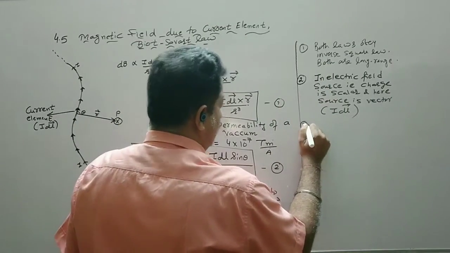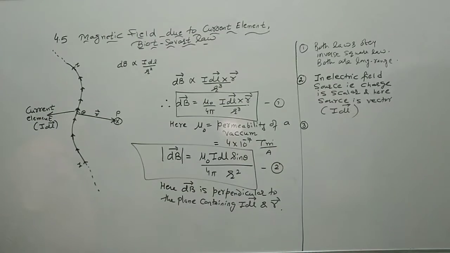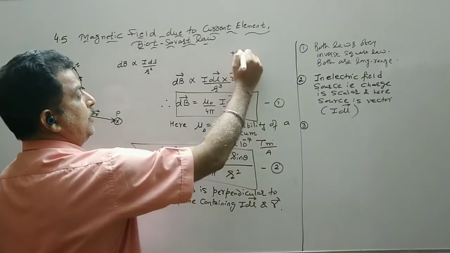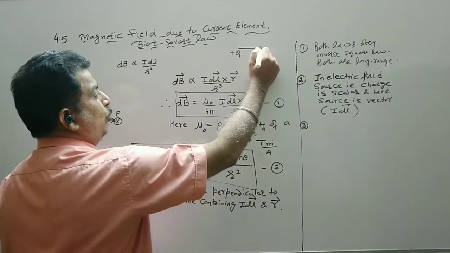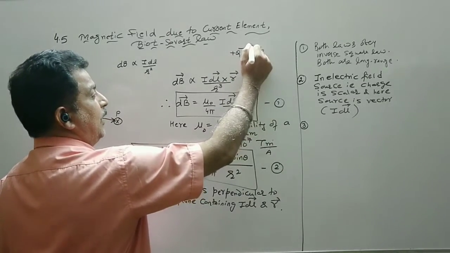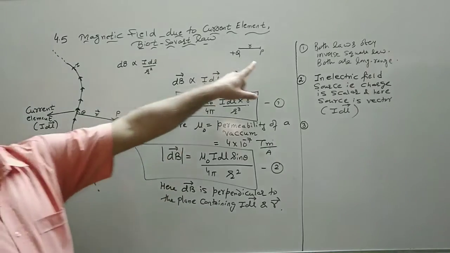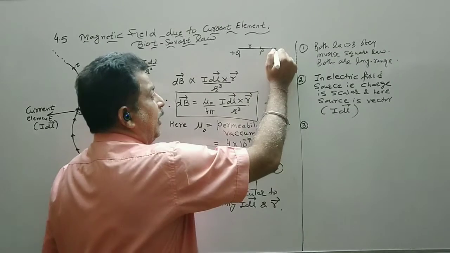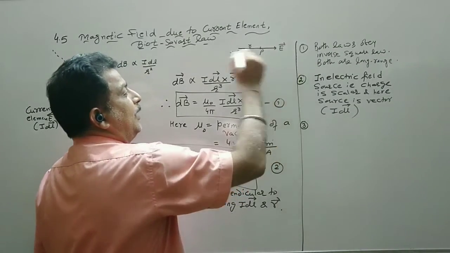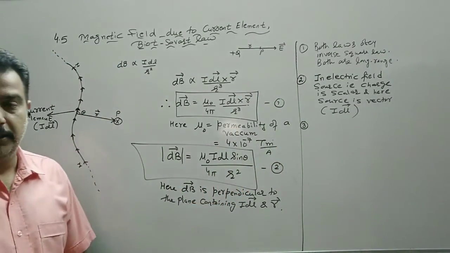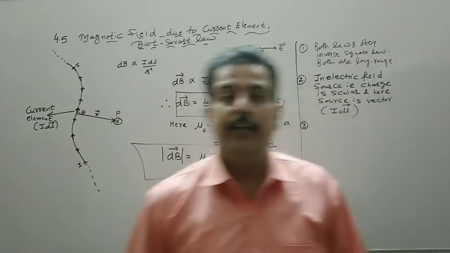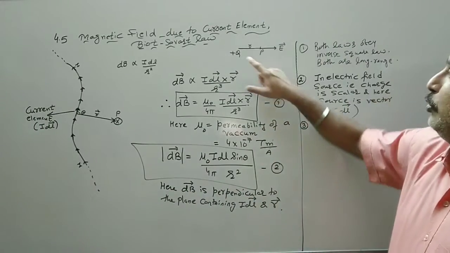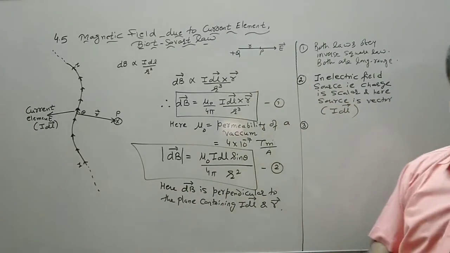Third, if we remember the direction, if I consider one charge Q, the source charge, and I want to find the electric field intensity at point P at a distance r, then the direction of the electric field intensity is in the direction of the displacement vector joining the source with the point.